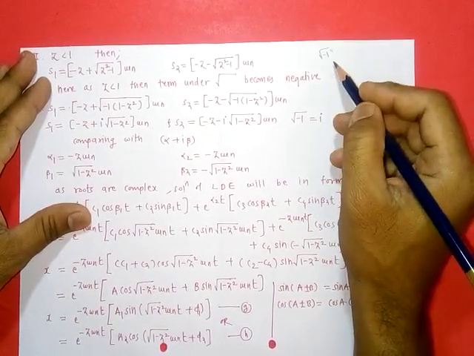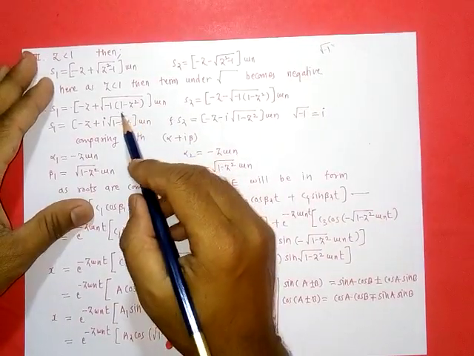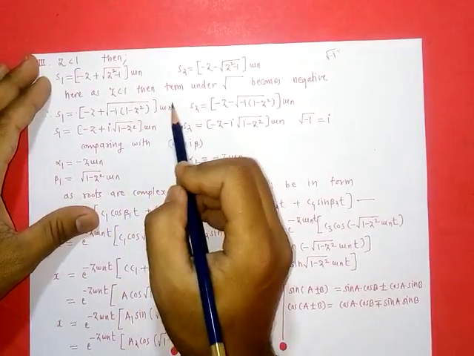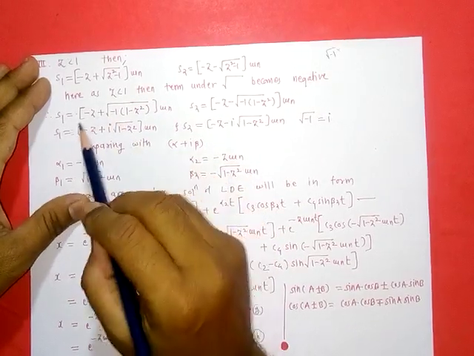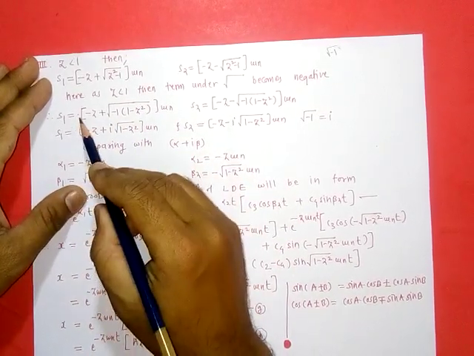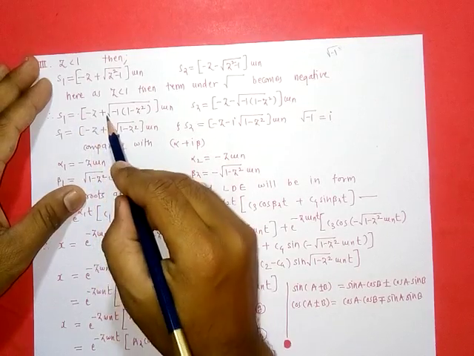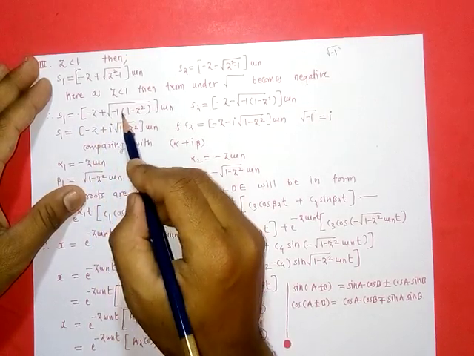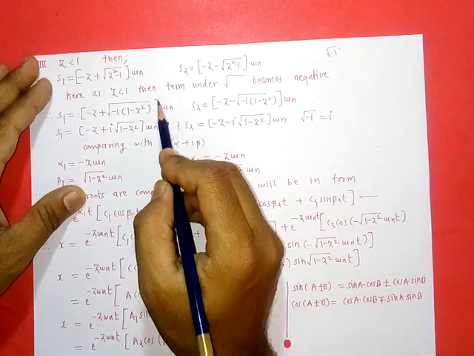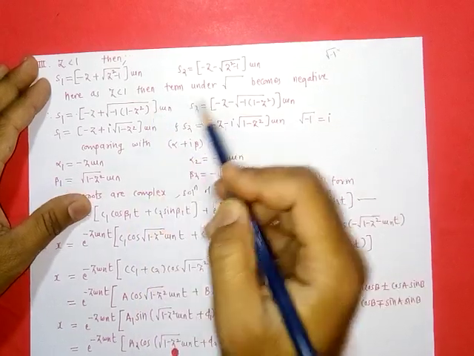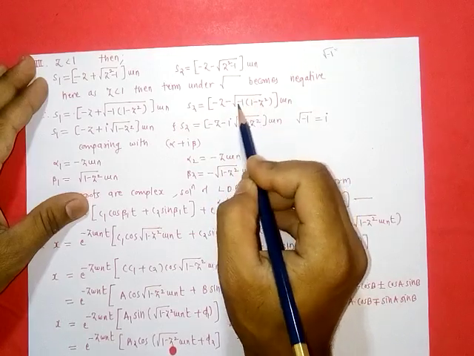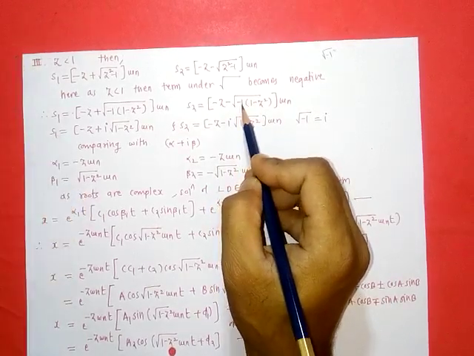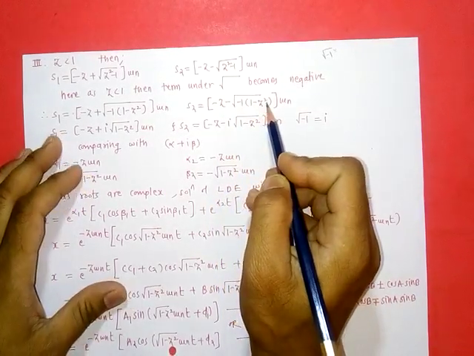So we take minus 1 outside, so s1 is equal to minus zeta plus the square root of minus 1 into the bracket 1 minus zeta square, into omega n, and s2 is equal to minus zeta minus the square root of minus 1, where we have taken common inside 1 minus zeta square.